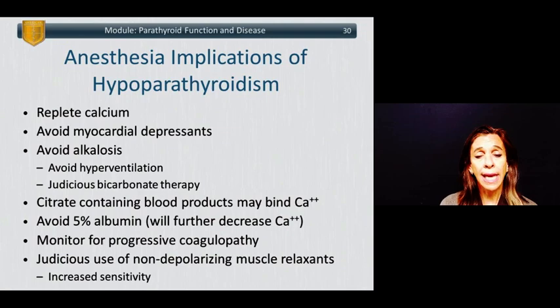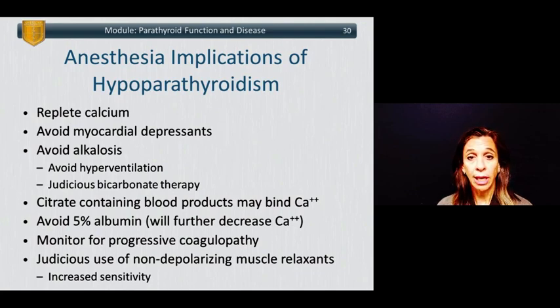So what are the anesthetic implications of a patient with hypoparathyroidism? Well, you want to replete the calcium, and you want to avoid myocardial depressants. You want to avoid alkalosis, which means avoid hyperventilation, and use bicarbonate therapy judiciously. If you administer any citrate-containing blood products, they may bind calcium further and lower the calcium levels.